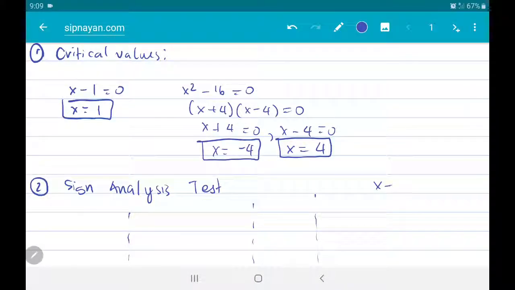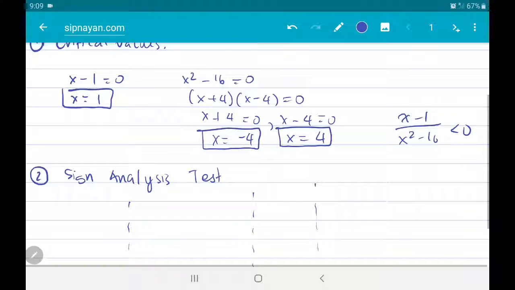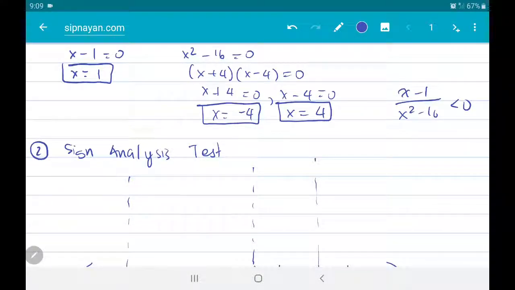So, x minus 1 over x squared minus 16 is less than 0. So we check if the sign is negative or positive. Pag negative, sabihin less than 0, negative, solution siya. Pag 0 tsaka positive, hindi siya solution. So we're looking for the negative values. Okay?